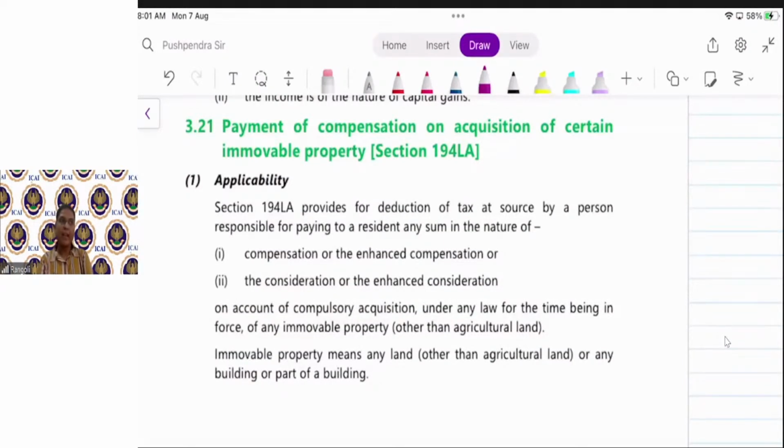But in that provision, I have already told you that if it is a compulsory acquisition by the government, then that provision is not applicable because a separate provision, section 194LA, is given.